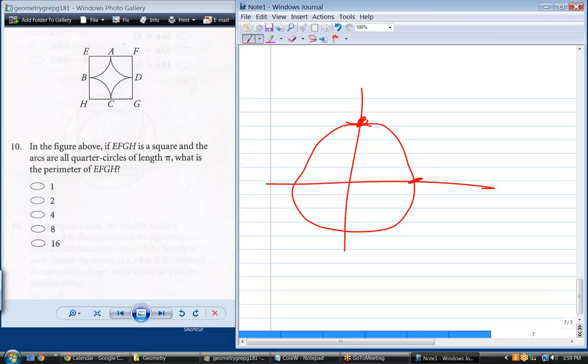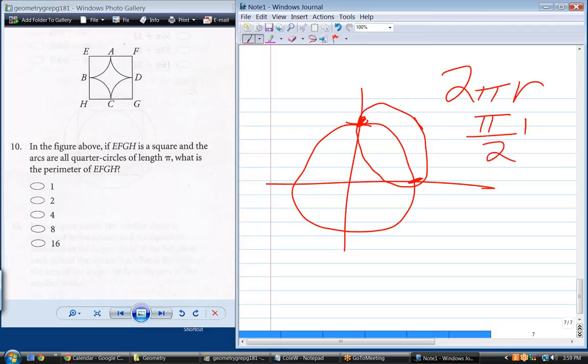One-fourth pi. Depends on the radius, right? In other words, it's 1/4 of the circumference, and the circumference is 2 pi r. So that distance from there to there would be that divided by 4, or pi over 2 times r. They're telling us that that length is pi.